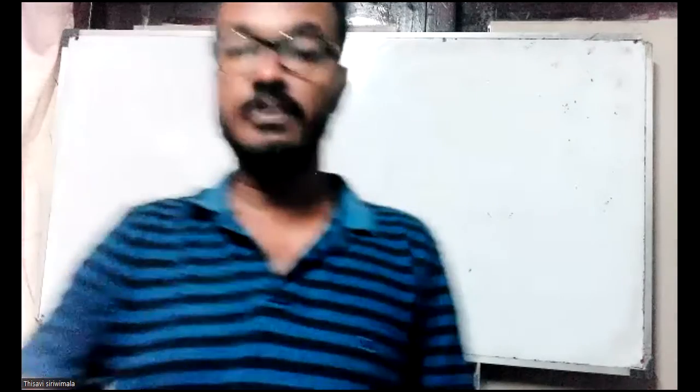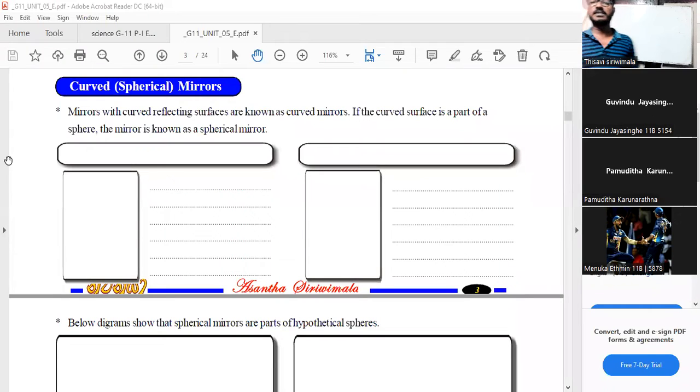Now we are going to talk about spherical mirrors. Mirrors with curved reflecting surfaces are known as curved mirrors. If the curved surface is a part of a sphere, the mirror is known as a spherical mirror. So we can write something like this. Concave mirror.